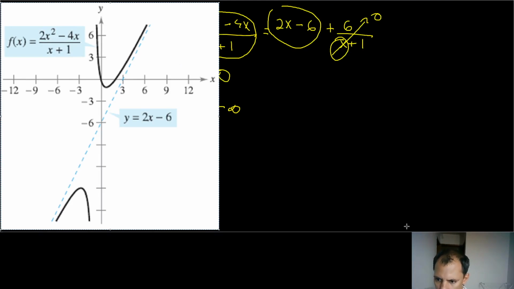Let's have another example of this. x squared minus 2x plus 4 divided by x minus 2.